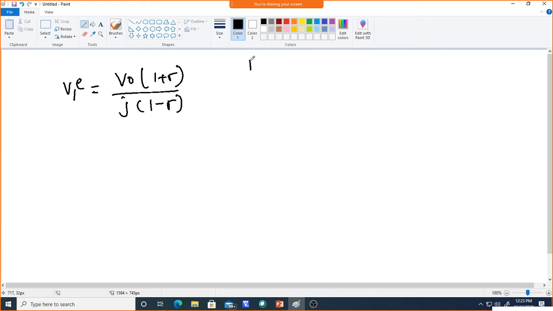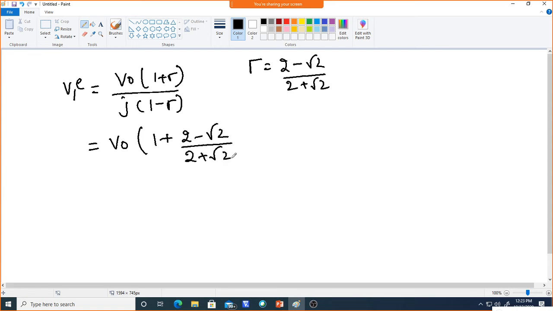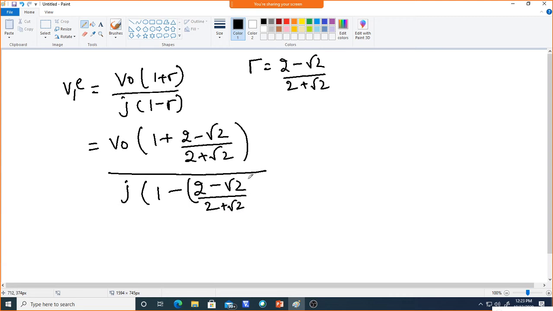If you substitute gamma equal to 2 minus root 2 divided by 2 plus root 2, which we got earlier, you will get V0 into 1 plus 2 minus root 2 divided by 2 plus root 2, divided by J into 1 minus 2 minus root 2 divided by 2 plus root 2. Now if you simplify this, you will get the value of V1E.